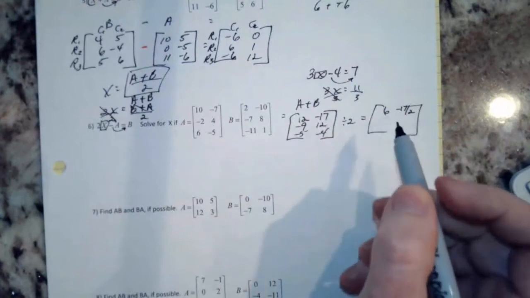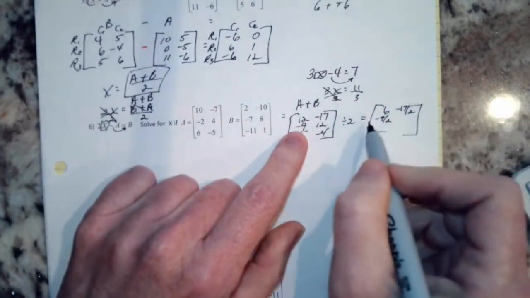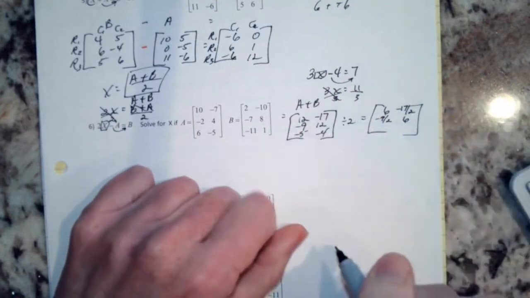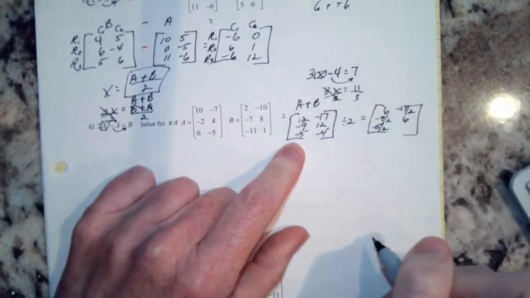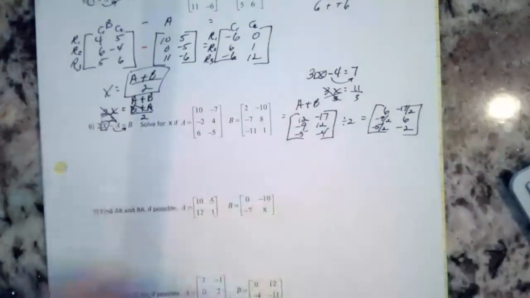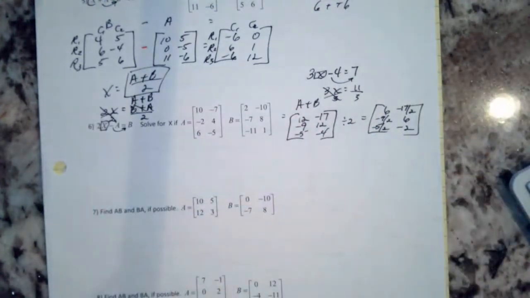It gets too confusing. Negative 9 over 2 will be in row 2, column 1. 12 divided by 2 comes out nicely. Negative 5 divided by 2. And then negative 4 divided by 2 is negative 2. So it gets a little messier there, but you're not going to have to do anything more with it, so you don't care.